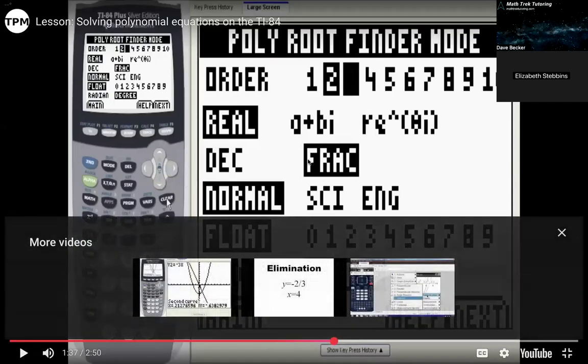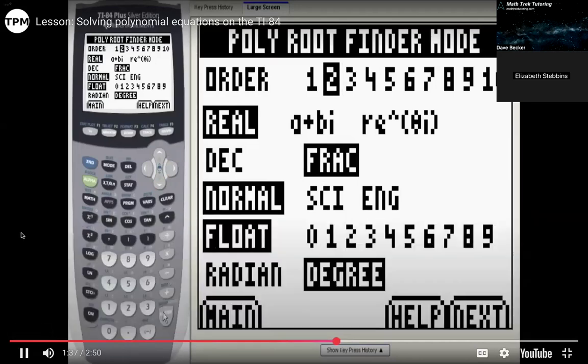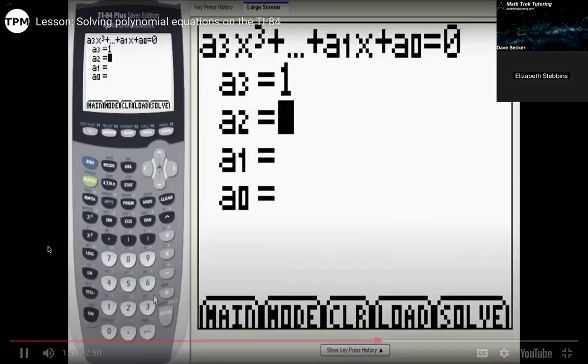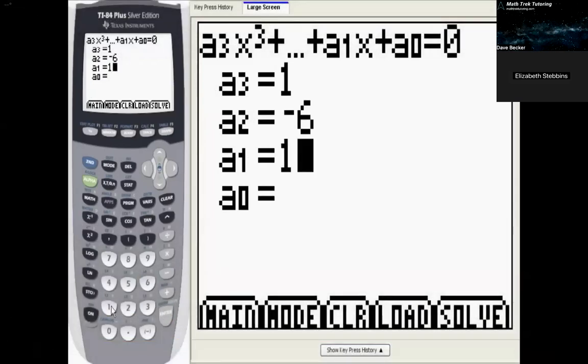If decimals, it's the float. Well, they appear normal, and then it says how many decimal places it'll round to. Fine for our problem, except we need to change the order from 2 to 3. Next, we'll need to enter the coefficients from the largest exponent to the smallest. In this case, the coefficients are 1, -6, 11, and -6.